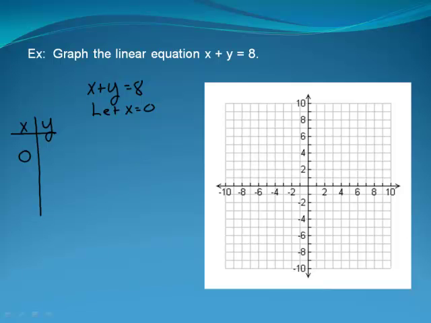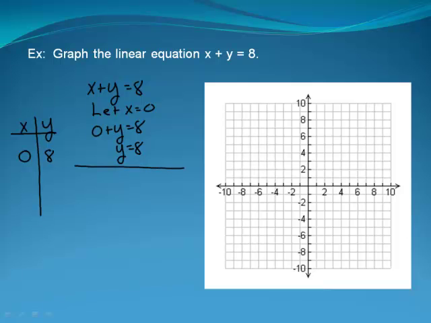So if we let x be 0, our equation becomes 0 plus y equals 8, or y equals 8. So when x is 0, y is equal to 8. That's an ordered pair on my line for this particular equation.